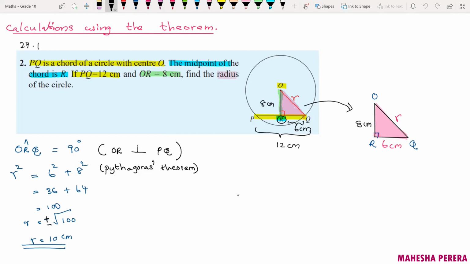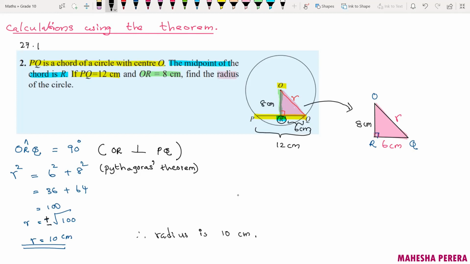What's the square root of 100? It should be 10. Always, radius is a positive value. It's a length. So we can say radius equals 10 centimeters. So this is a very simple calculation using the theorem.